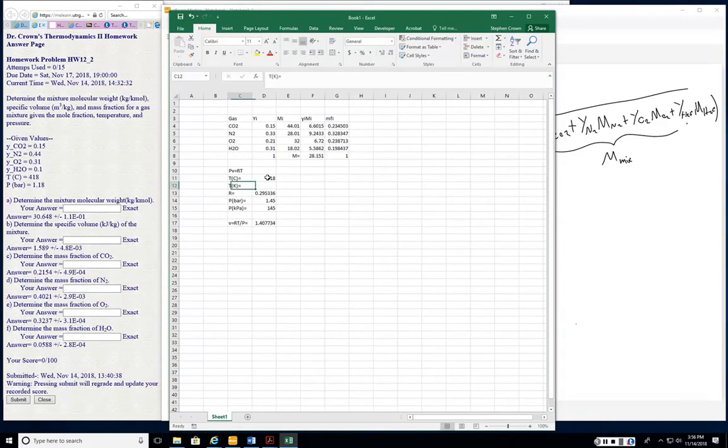I don't need this anymore. And I don't need this anymore. And 1.18. And let's go back to 0.15, 0.44, 0.31, and 0.1. And I get all the correct values. Can clean this up a little bit. Now I have a nice utility to do homework 9.2.